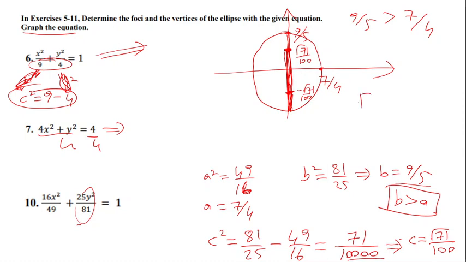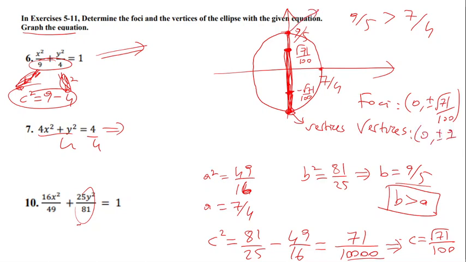So now the foci will be 0, plus minus square root of 71 over 400, and then the vertices, these points, are the endpoints of the major axis, that have to be 0, plus minus 9 over 5. So it's done.